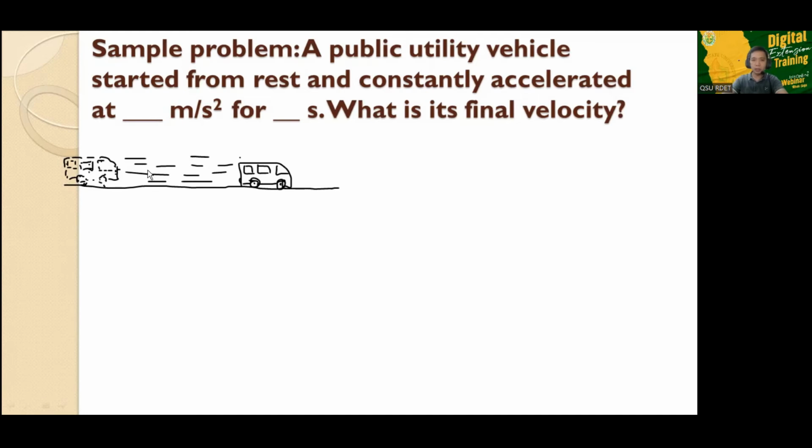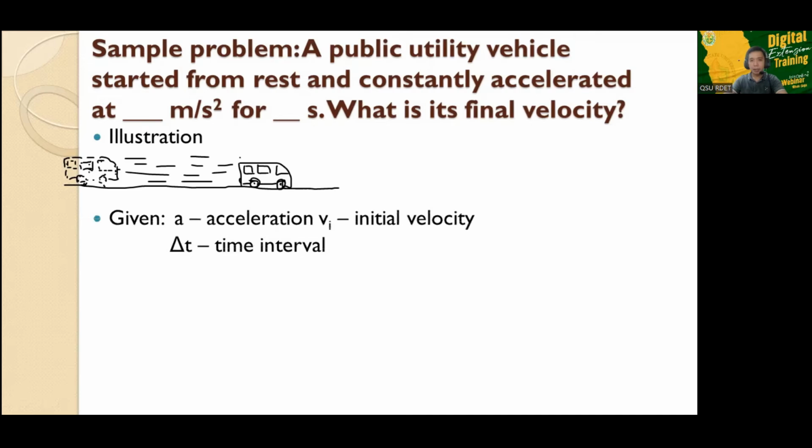And on the illustration, it might help also that they put the variables here, right? And following the acronym, we have first the illustration and the given, right? So by identifying the units, we will be able to identify what they represent. Meter per second square, that's a, acceleration.